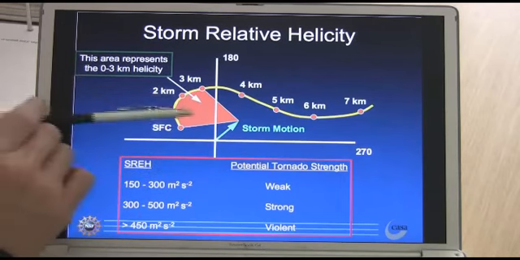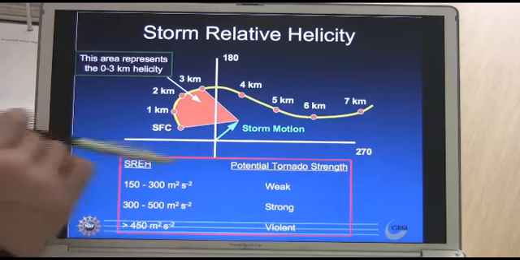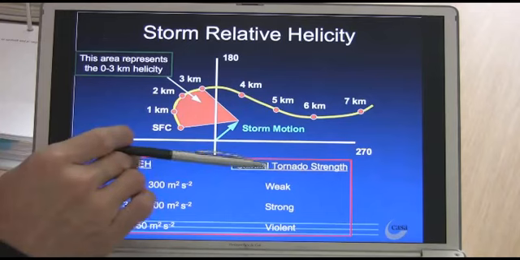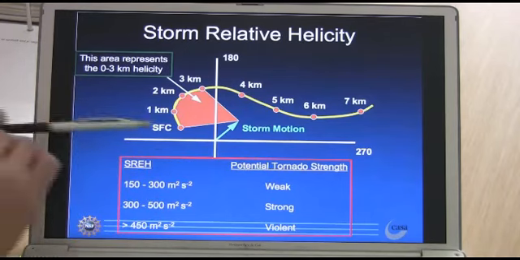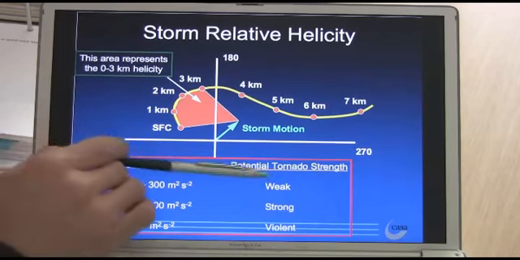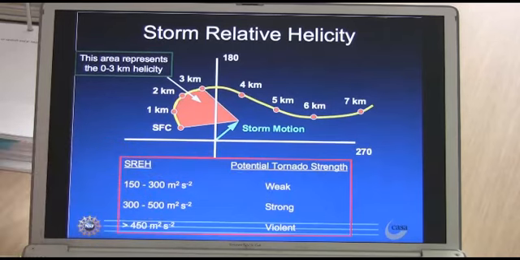Okay, now Bob Davies-Jones at the Severe Storms Lab did a study and looked at the various thresholds for potential tornado intensity. What he found was that if you have storm relative environmental helicities of 150 to 300, you could have potentially weak tornadoes, 300 to 500 strong, and greater than 450 meters squared per second squared, you could have violent tornadoes.